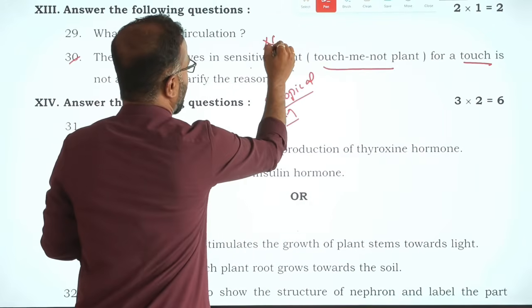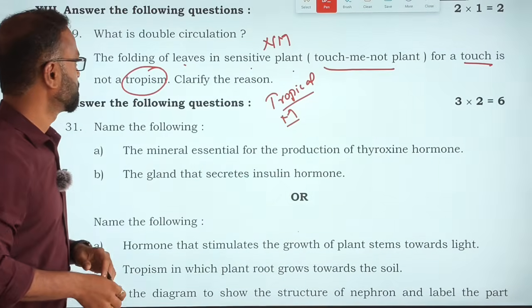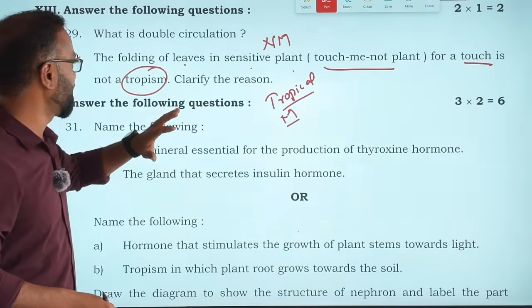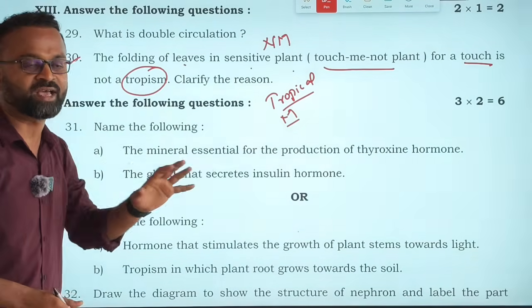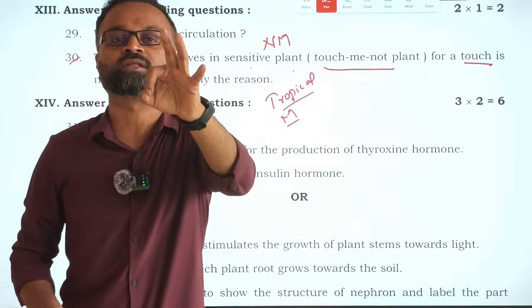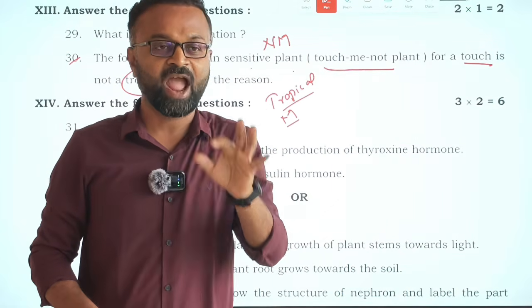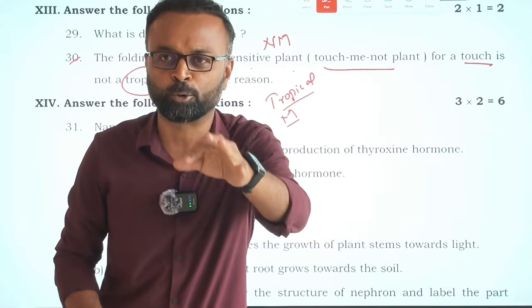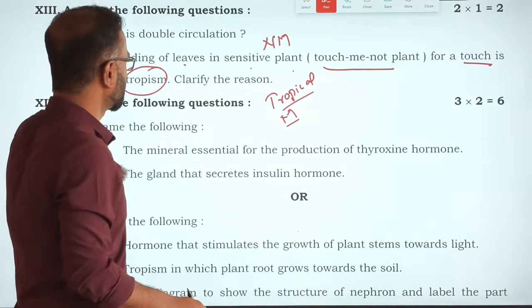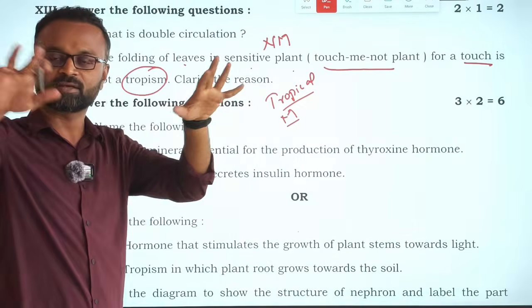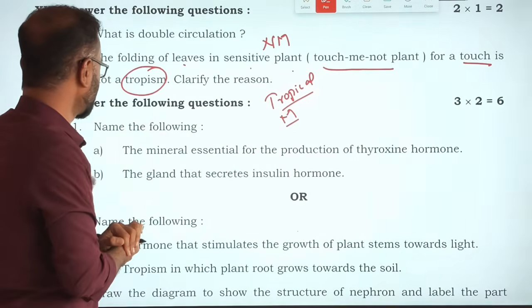This is the nastic movement. The folding of leaves in the sensitive plant for a touch is not a tropism, because it is not depending on the direction. And it is not depending on the growth. Hence, the folding of leaves in a sensitive plant is called a nastic movement. Very simple. Next one, see here.